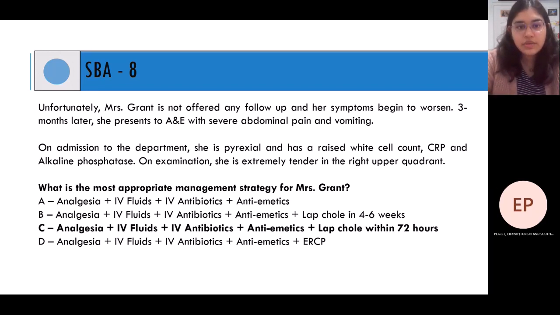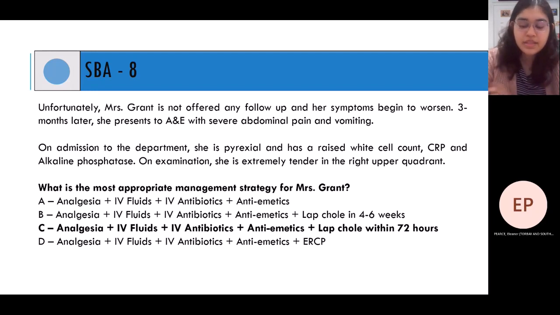So with acute cholecystitis, the definitive management would be offering someone an operation to take out their gallbladder. It's often done as a laparoscopic cholecystectomy. Up until a couple of years ago, it was thought that these operations should be delayed until the initial sepsis had been treated, so they were often delayed 4 to 6 weeks after patients were discharged from hospital.